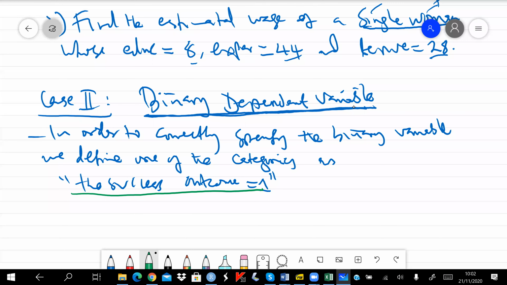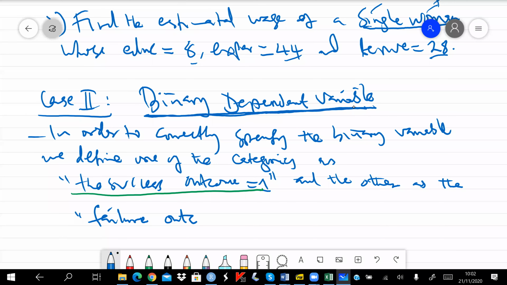And the other as, in quotes, the failure outcome, which takes the value 0.